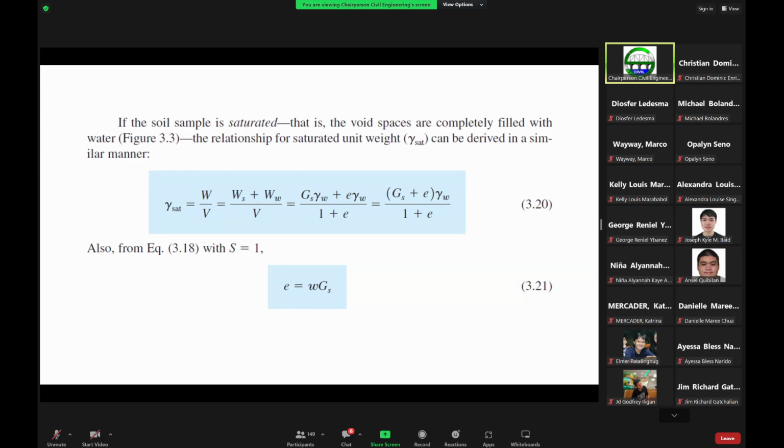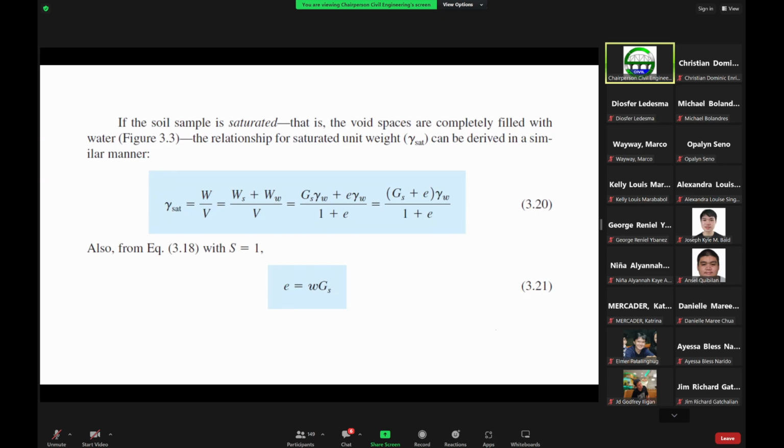But if it is a dry soil, as in oven dried soil, in your laboratory, you will be bringing soil samples and putting them in the oven, so that becomes oven dried. That means there's really no water. That's really dry soil. Then in that case, the degree of saturation is 0.